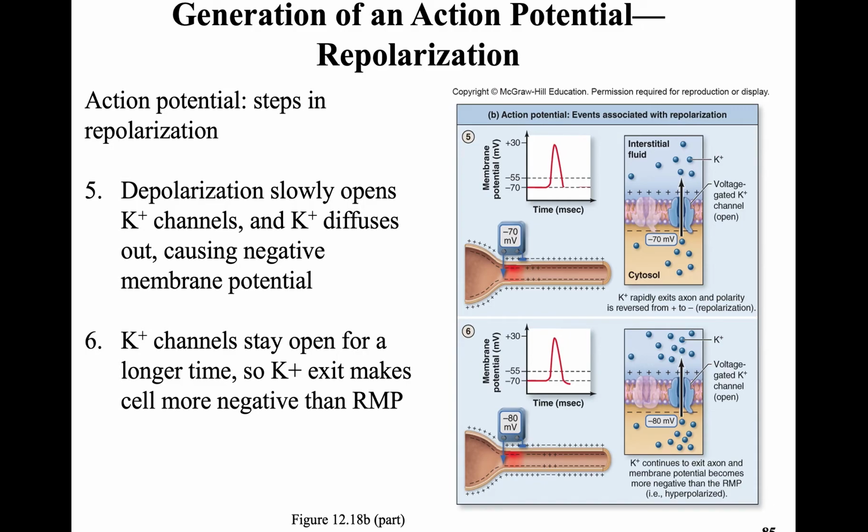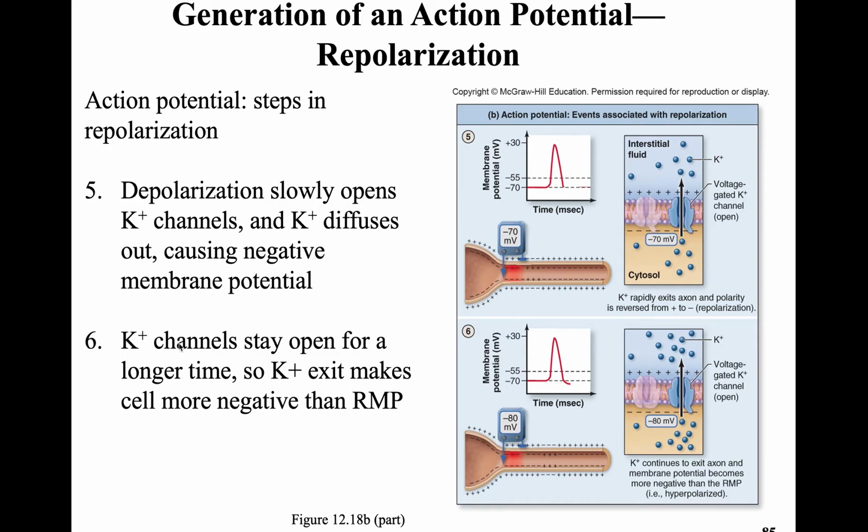Now as potassium leaves, we learned something already. As potassium leaves, the inside will return to negative. And as you can tell, as potassium is leaving, my number is becoming more and more negative. Remember, I'm going from positive to more and more negative. So now the inside is becoming very, very negative as potassium is leaving.